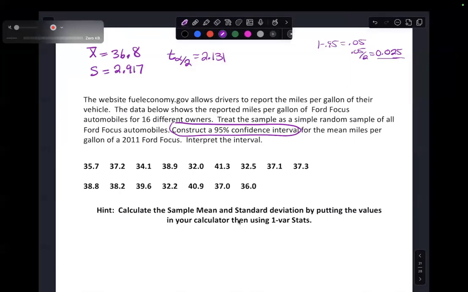Now I'm going to calculate the new standard deviation. So my s sub x bar is going to be the standard deviation that we just calculated divided by the square root of 16. Let's all do that in our calculators.